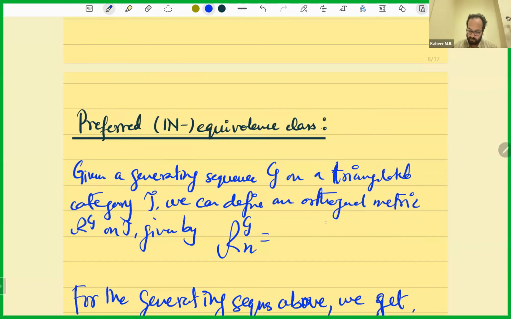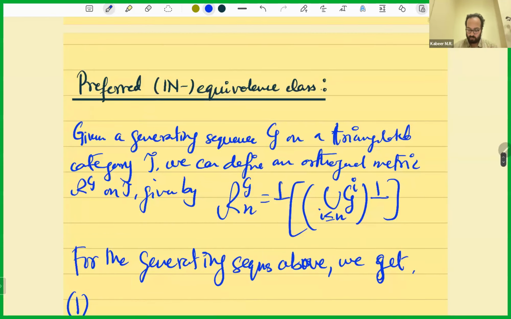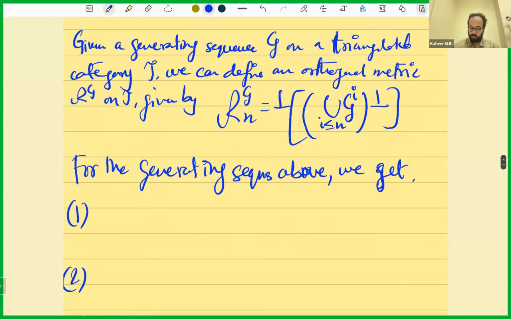It is defined to be the left orthogonal to the right orthogonal of Gi, where i is less than or equal to n. Again, you don't need to think too hard about the definition. The point is that in the two cases that we have talked about the most, for case one, we get the compactly generated t-structure generated by G.